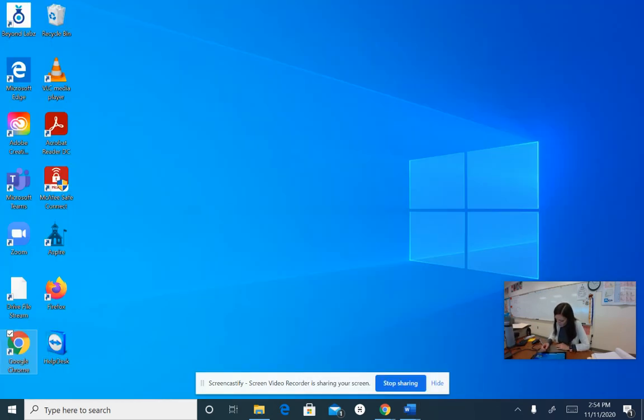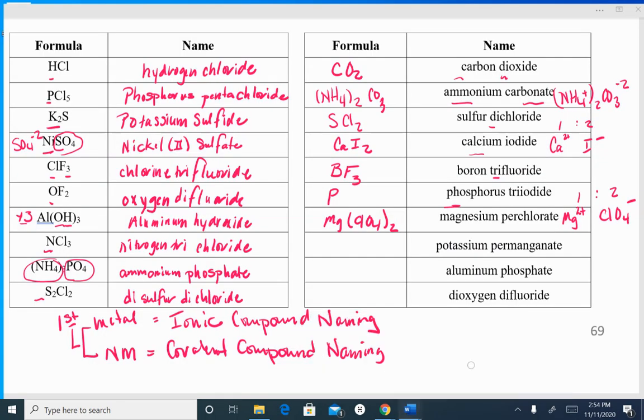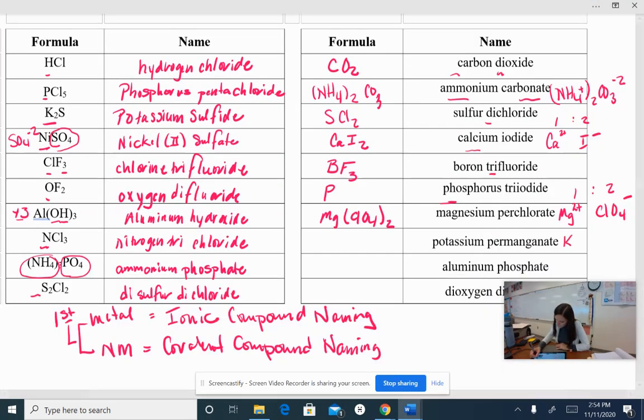So let's look at those. Potassium is a +1. Permanganate is MnO4 -1. So to balance a +1 and a -1, I only need 1 of each. KMnO4. Okay. Aluminum. Aluminum is always a +3 charge.